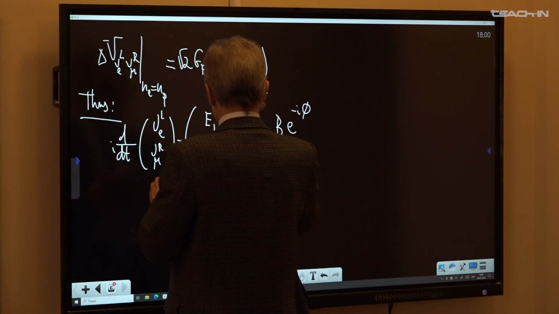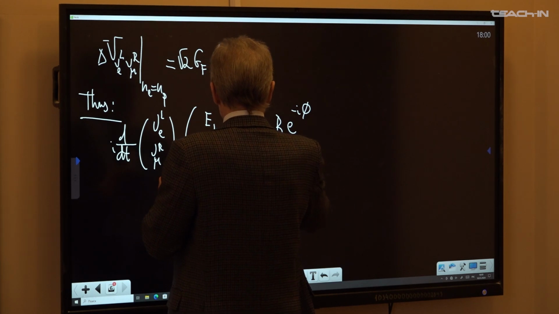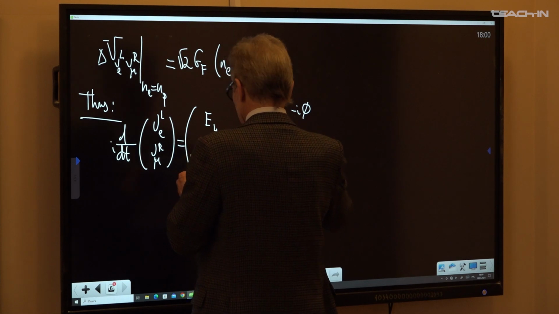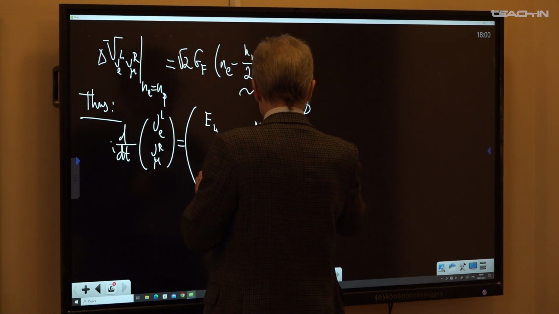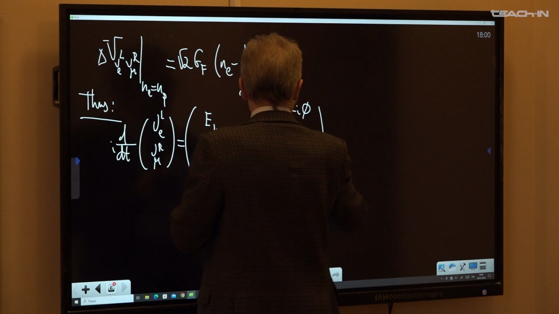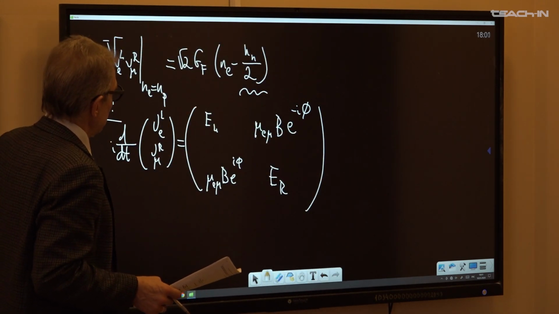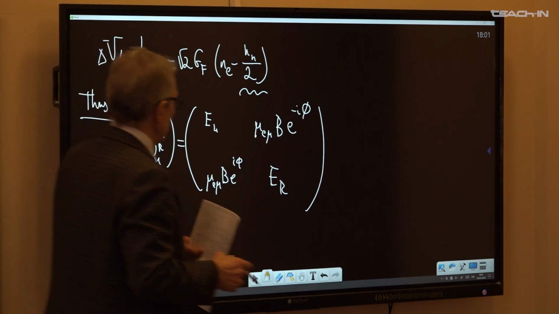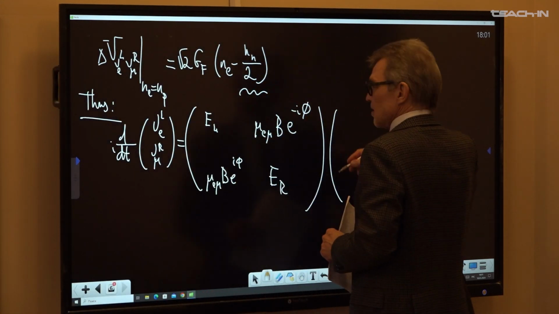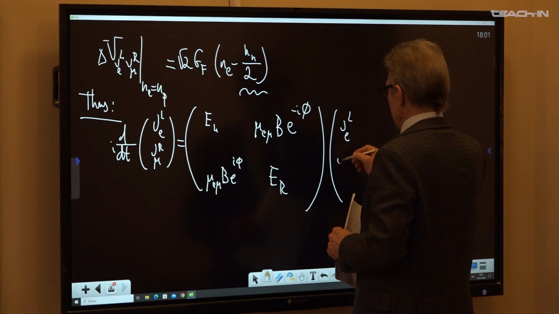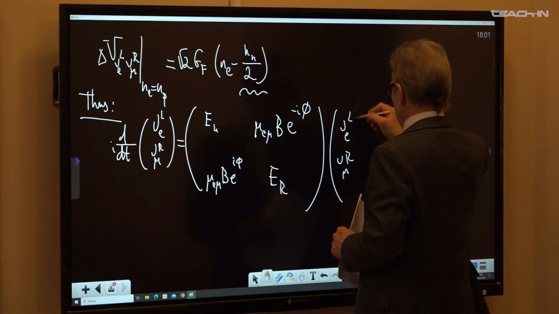This is the transition magnetic moment. And this is the energy of this neutrino. This is the starting point, nu_e L, nu_mu L. Okay?